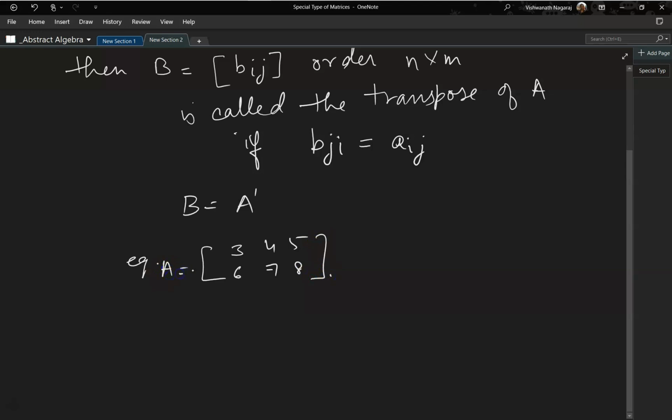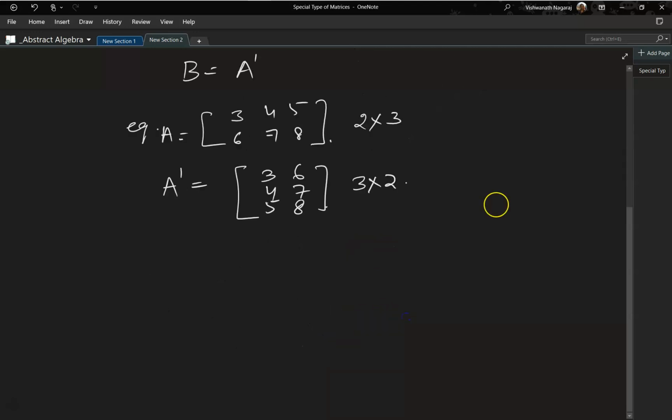This is A. Then A prime or transpose of A would be 3, 4, 5, 6, 7, 8, arranged with rows and columns exchanged. So here you notice this is 2 by 3 and this is 3 by 2. Okay, based on this, let's look at theorems related to transpose matrices.